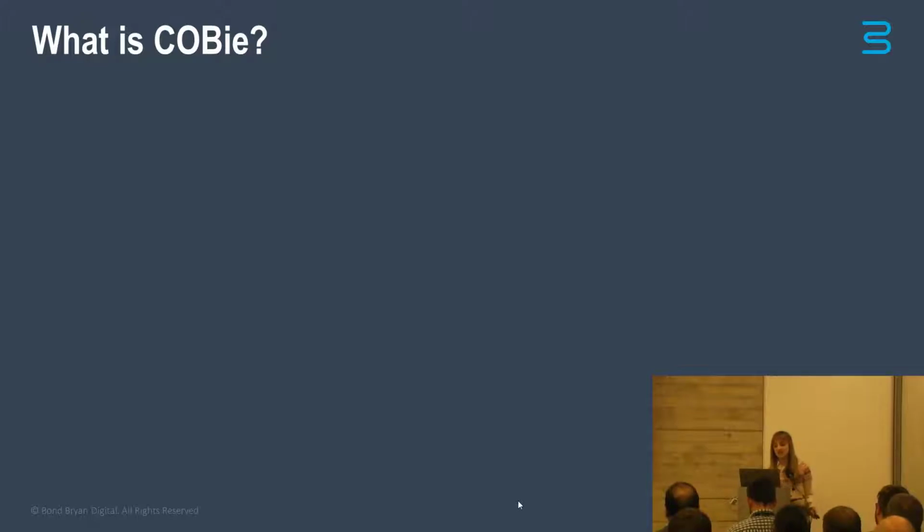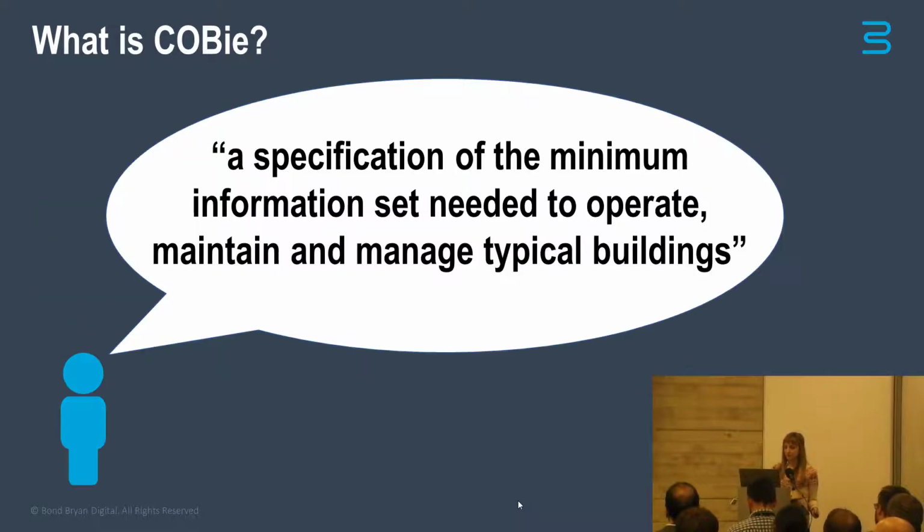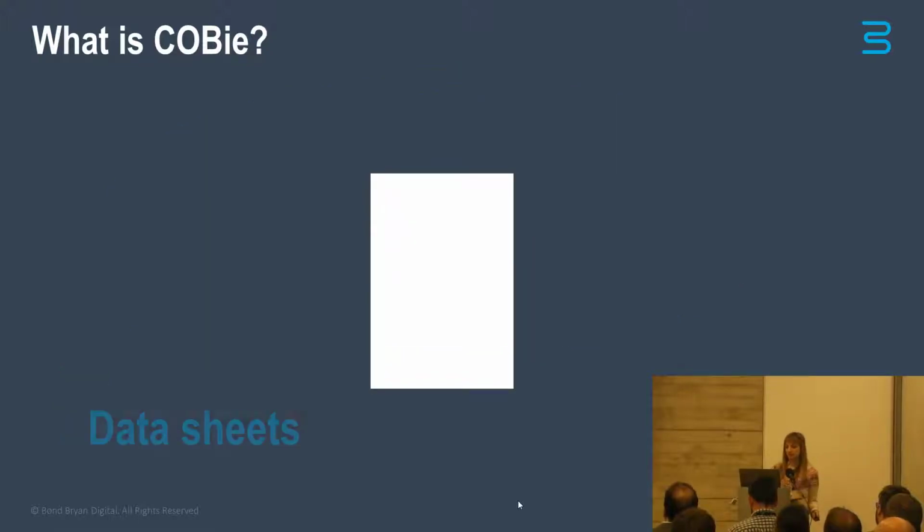Luckily, there is a standard to do this called COBie, and it stands for Construction Operations Building Information Exchange. It was developed in the US by Bill East in 2007, following his work with the US Army Corps of Engineers. Quoting Bill, it's a specification of the minimum information set needed to operate, maintain and manage typical buildings.